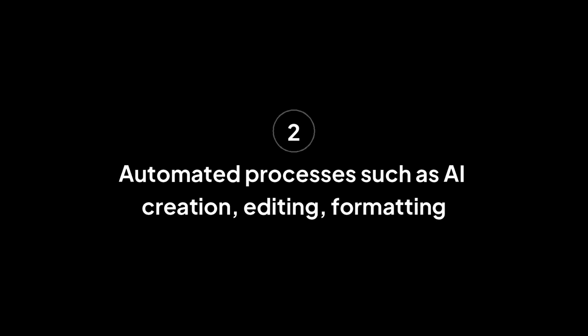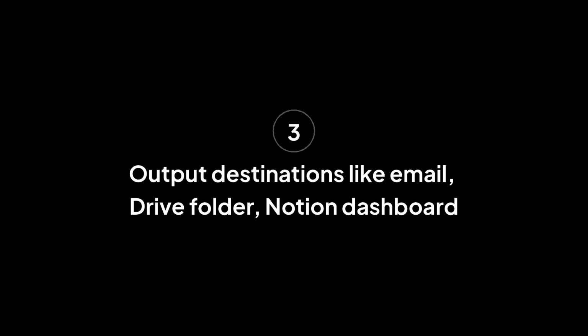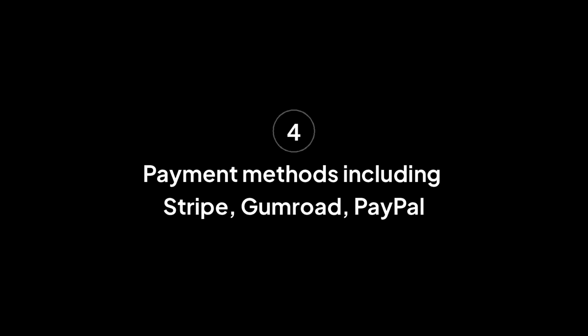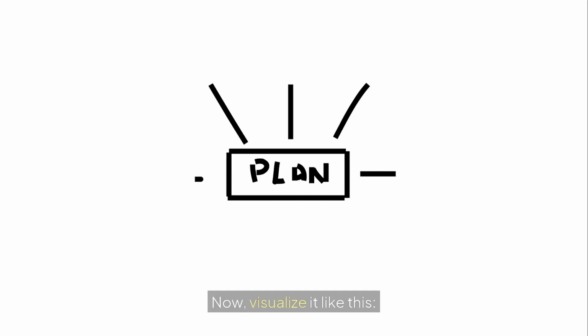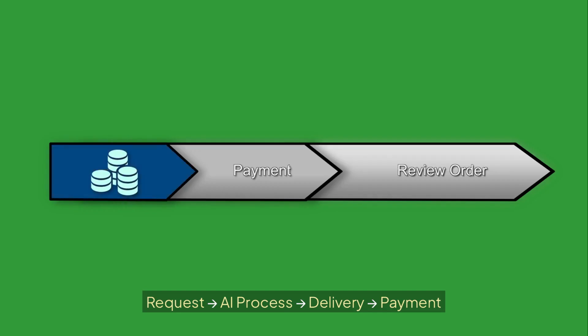AI creates, edits, formats, or posts. Output: where does the result go? Email, Drive folder, Notion dashboard. Payment: how do you get paid automatically? Stripe, Gumroad, PayPal. Now, visualize it like this: request, AI process, delivery, payment. That's your first income pipeline.